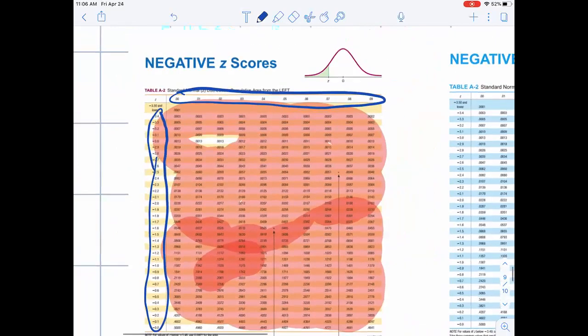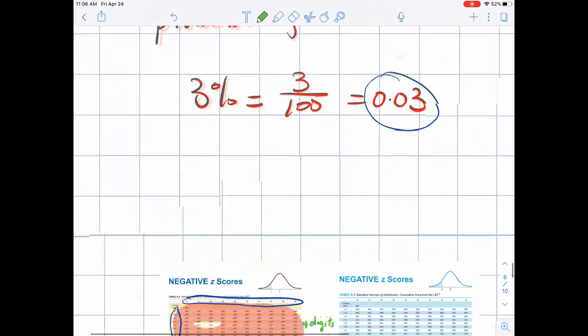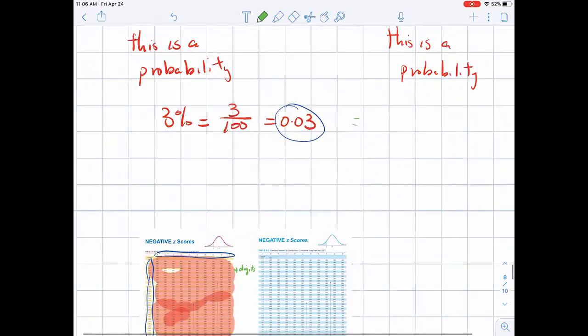Now notice that these values here are 4-digit decimal values. So usually what I recommend is write this as 4 digits: 0.0300.